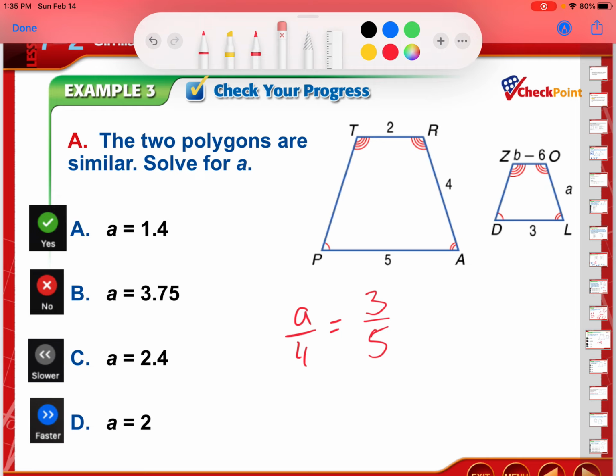Probably because it's cold and my brain's not working. So 5A equals 12. Divide by 5. So A equals 12/5, or 2.4.